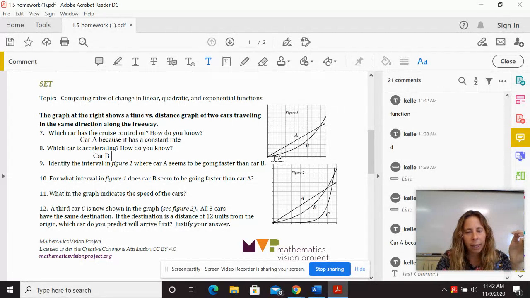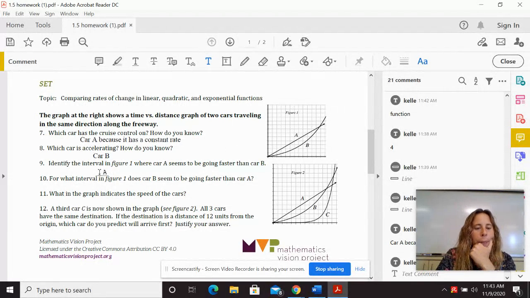Car B, on the other hand, kind of like our tortoise, starting out slow, but then it increases pretty quickly. How do you know? Because the rate of change is not constant, because the rate is increasing, something like that.